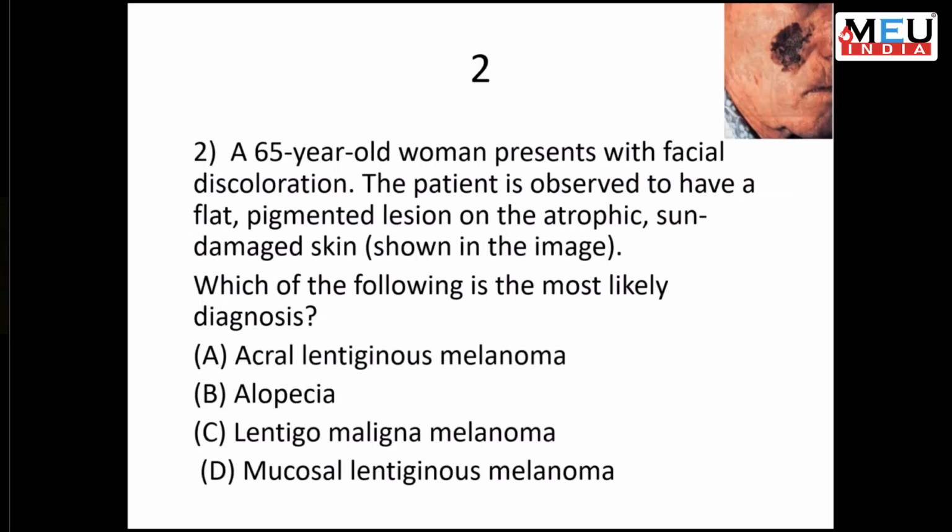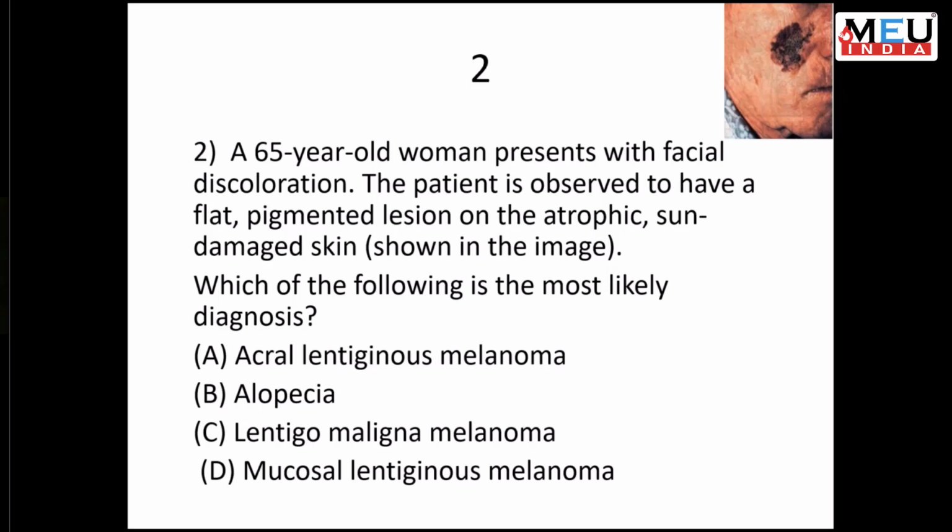Case number 2: a 65-year-old woman presented with facial discoloration. The patient was observed to have a flat pigmented lesion on atrophic sun-damaged skin, shown in the image on the top. Which of the following is the most likely diagnosis? Acral lentiginous melanoma, alopecia, lentigo maligna melanoma, mucosal lentiginous melanoma.